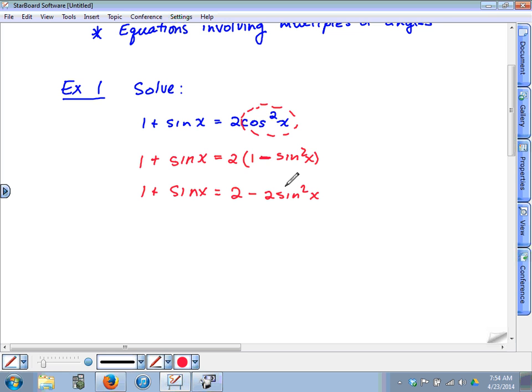So I'm going to add the 2 sine squared to the left side and subtract the 2 from the left side, so we end up with a positive quadratic term. It's going to be positive 2 sine squared x plus sine x minus 1 equals 0.